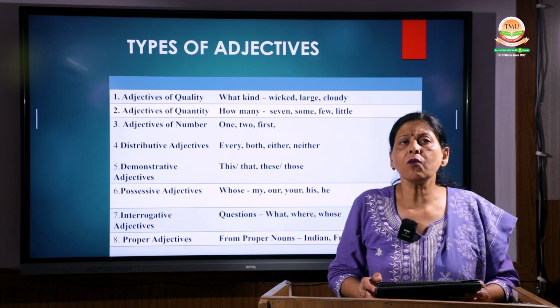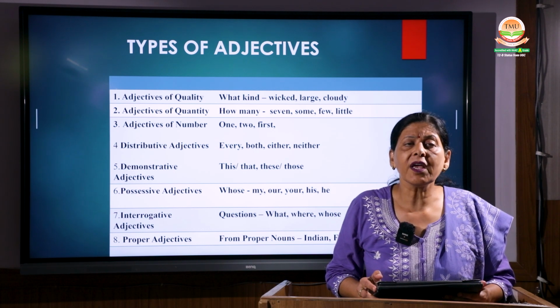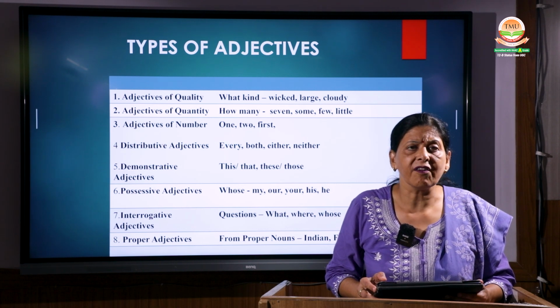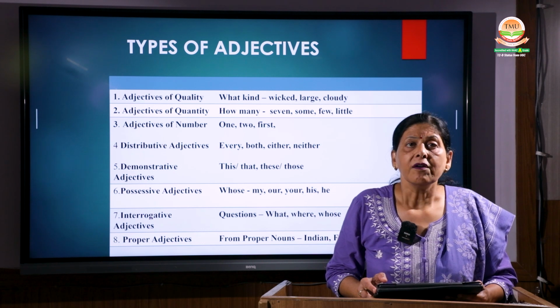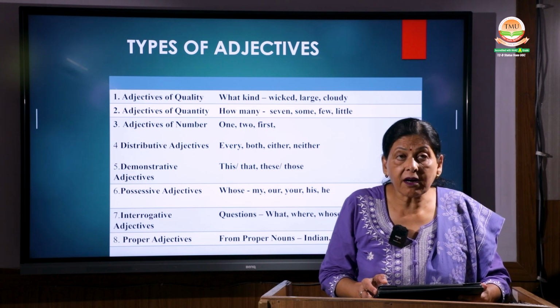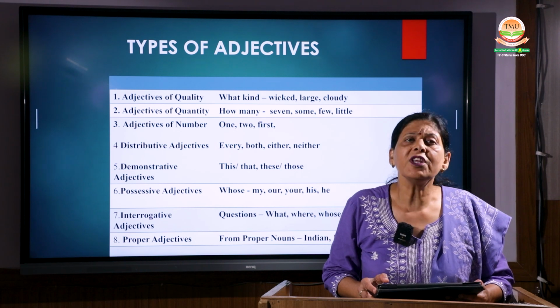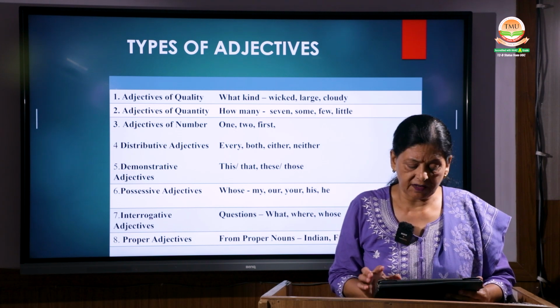India is a proper noun, and Indian. We are Indians. Indian is a proper adjective. From France we have generated the word French. From the proper noun America, we have got the word American. So these all fall under the category of proper adjectives.